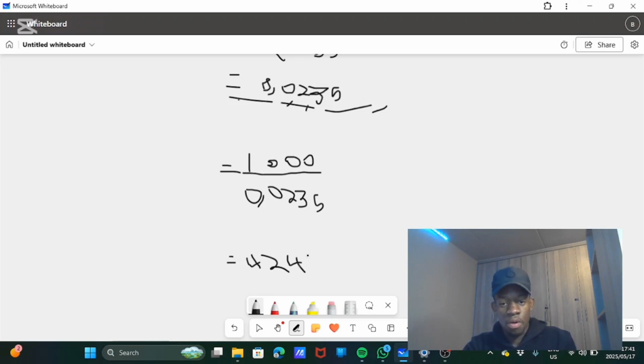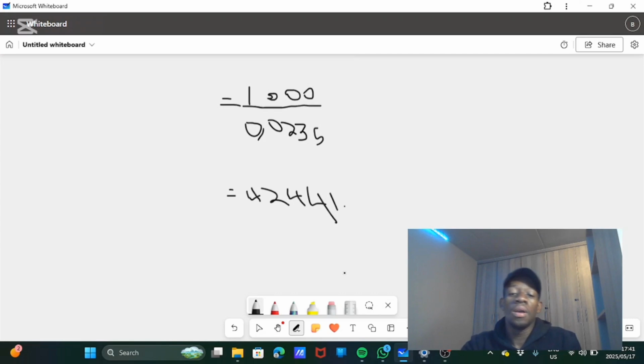This here is in Pa, so let's convert it into kilopascals, which is going to be divided by 1000. It's going to be 42.